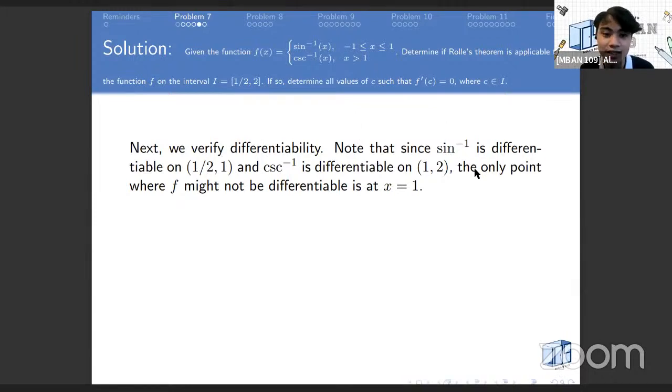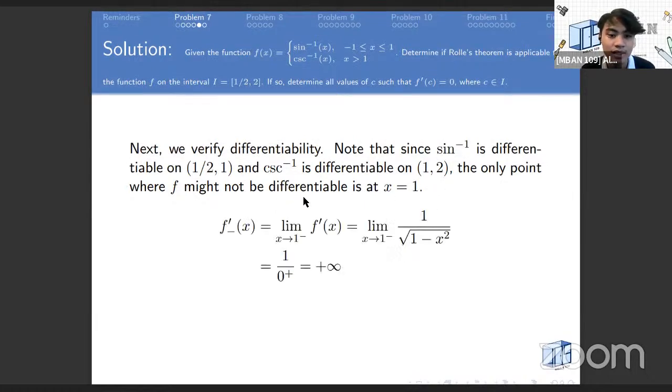Note that since arc sine is differentiable on the interval 1/2 to 1 and arc cosecant is differentiable on 1 to 2, the only point where f might not be differentiable is at x equals 1. The limit of f prime of x as x approaches 1 from the left is equal to the limit of 1 over the square root of the quantity 1 minus x squared as x approaches 1 from the left.